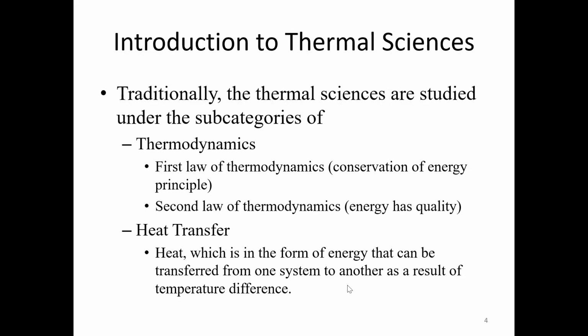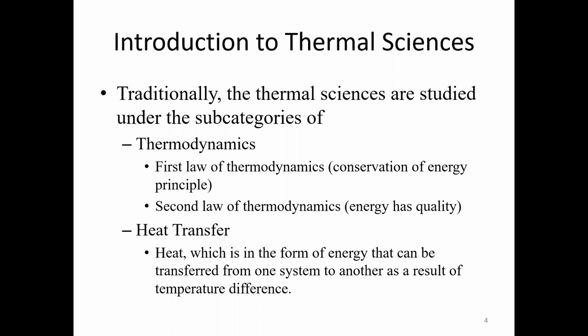But the second category is heat transfer, and heat transfer is also required in thermal science. Heat transfer is the form of energy that can be transferred from one system to another as a result of temperature difference.